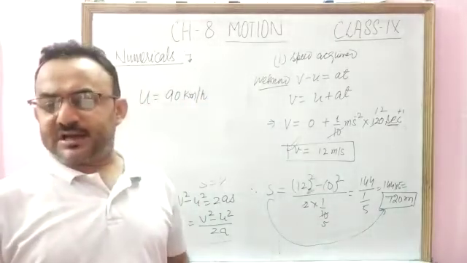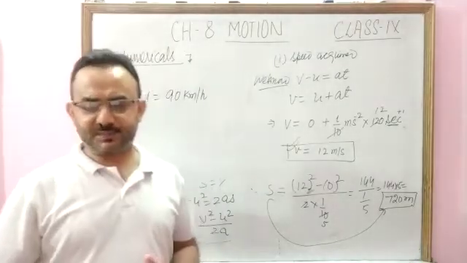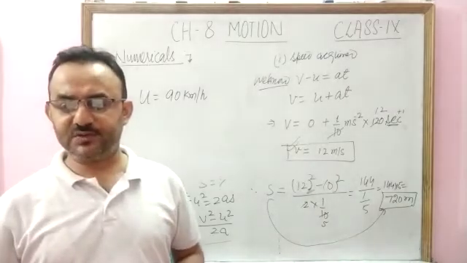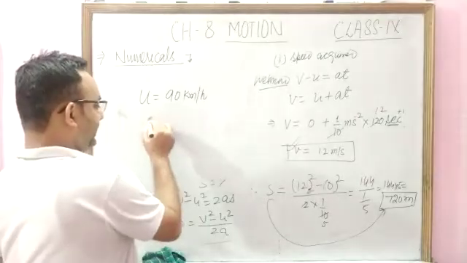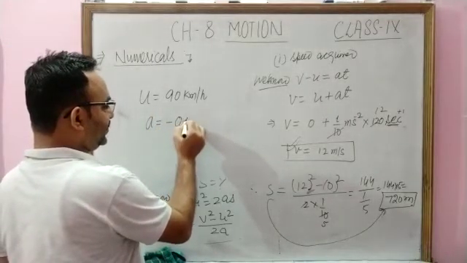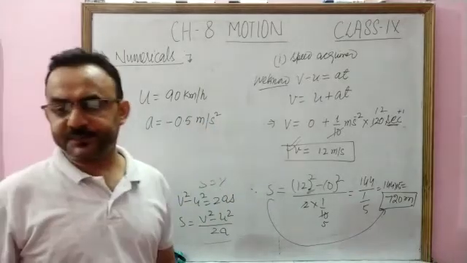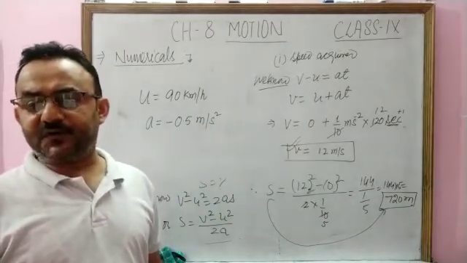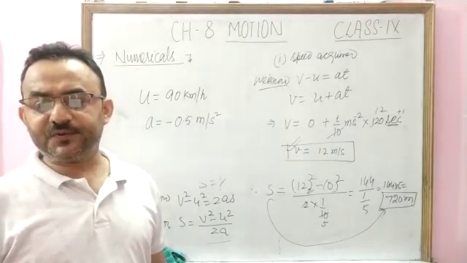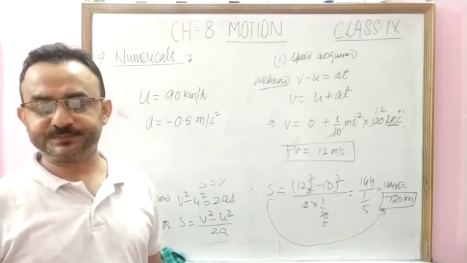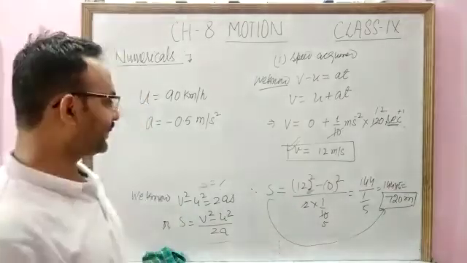The brakes are applied so as to produce a uniform acceleration of a is equal to minus 0.5 meter second inverse square. Find how far the train goes before it is brought to rest. How far means distance, which you have to find.